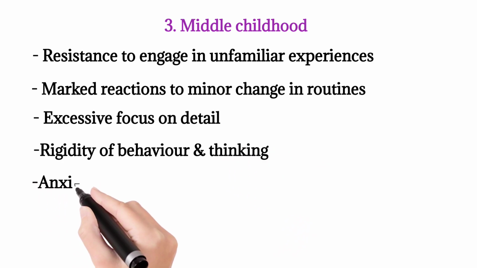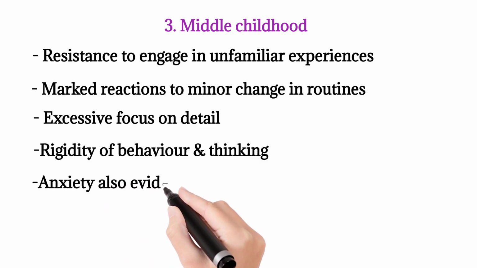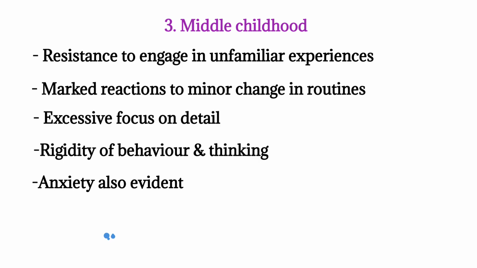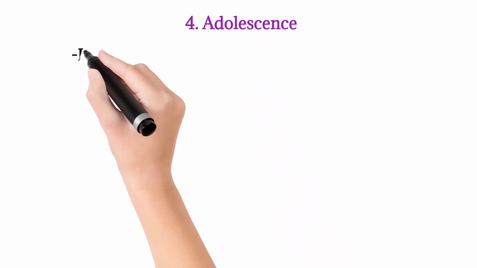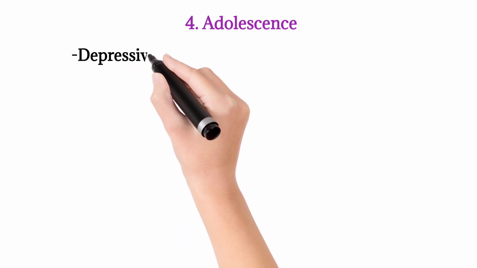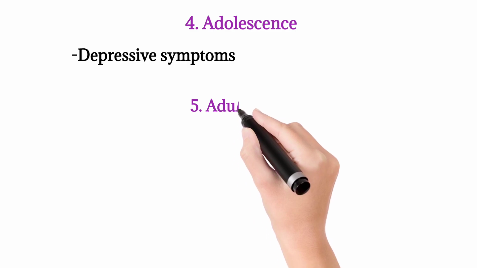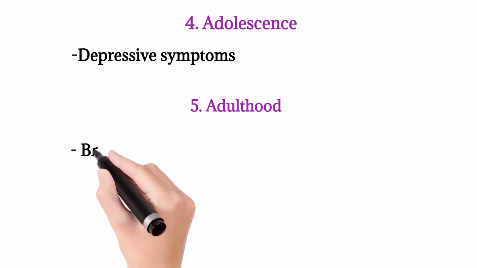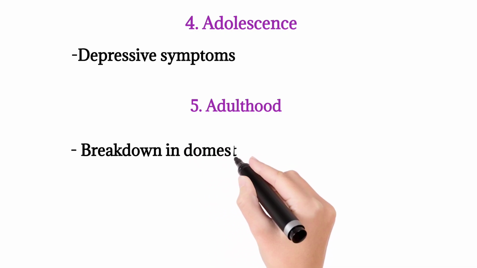Symptoms of anxiety may become evident at this stage of development. In adolescence, the presenting feature may be depressive symptoms. In adulthood, breakdown in domestic or work relationships is the presenting feature.